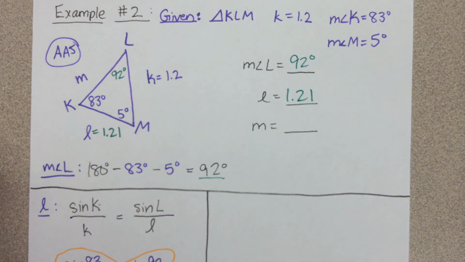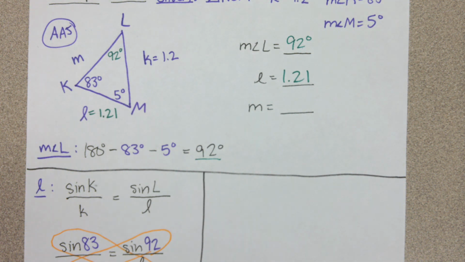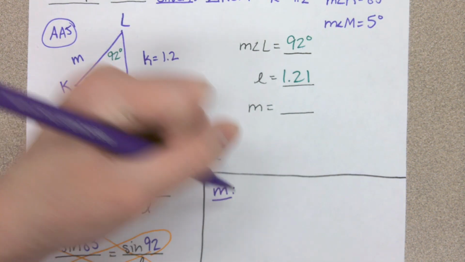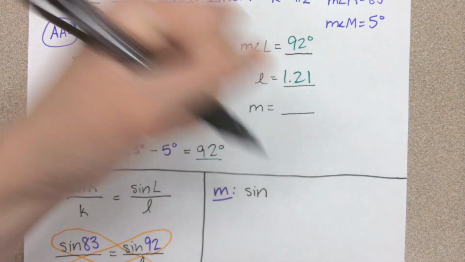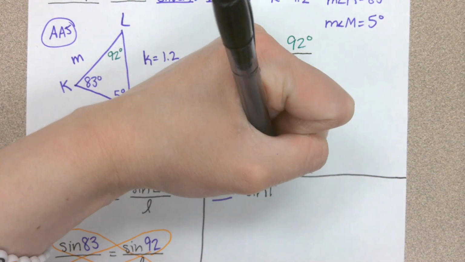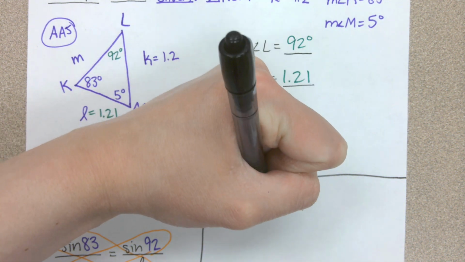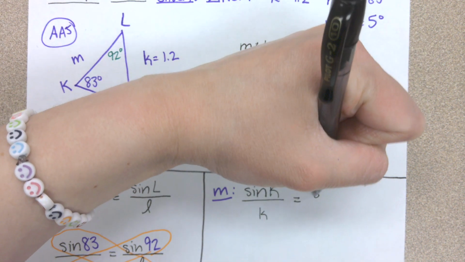And now we just have to find M. Reminder, I'm still going to use the K's because they were given to us. There's no rounding involved there. And then I need to use M because that's what I'm trying to find.